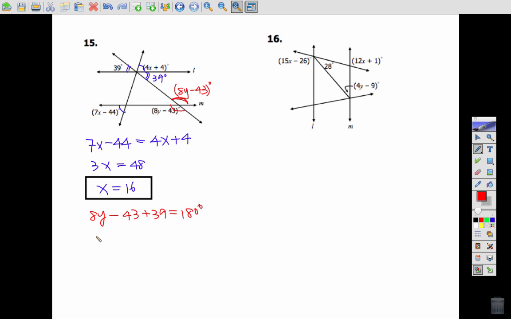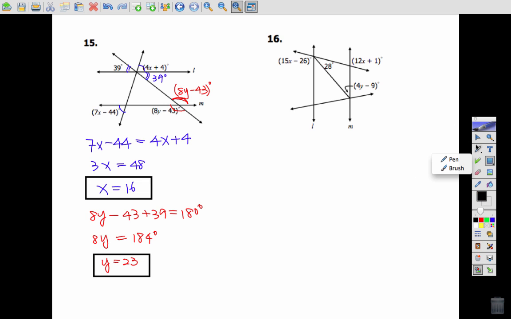So that gives me what? 8y minus 43, actually it's easier if I just do minus 43 plus 39, that gives me minus 4, and then that should give me 184 on the other side. So y is 23. That's my final answer there.